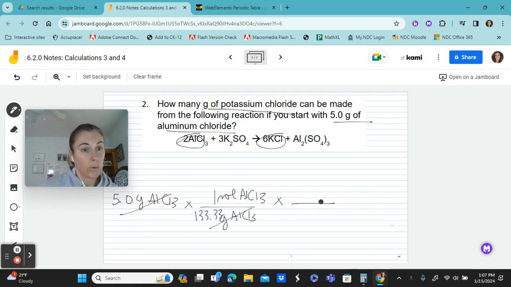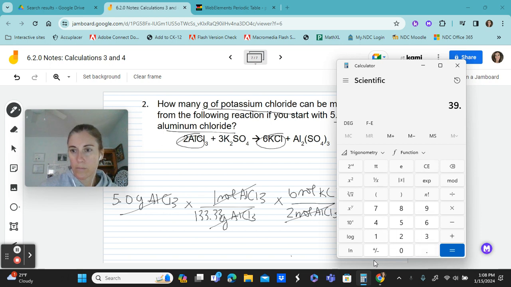Now we do our mole-mole ratio, as always. There are 2 moles of AlCl3 on the bottom, and there are 6 moles of potassium chloride on top. That will cancel out. Now we will do our molar mass of potassium chloride.